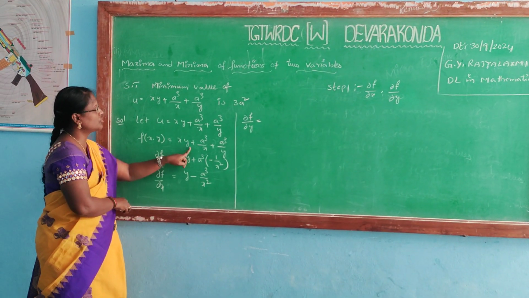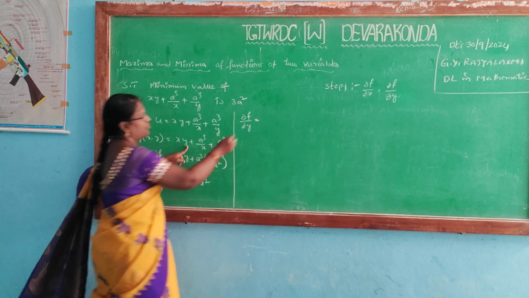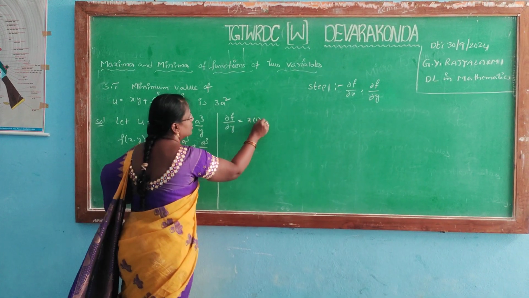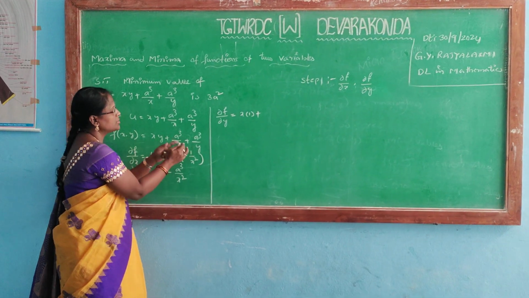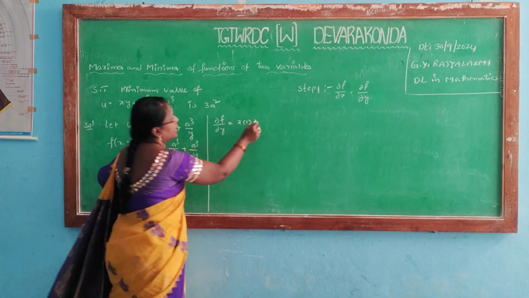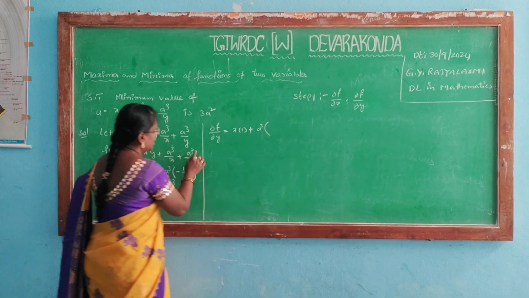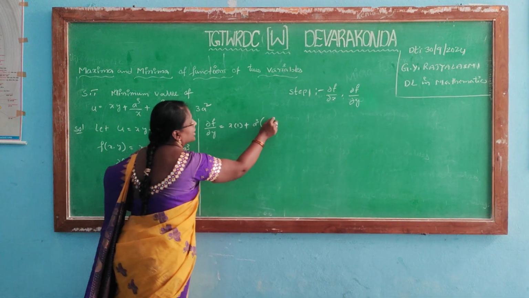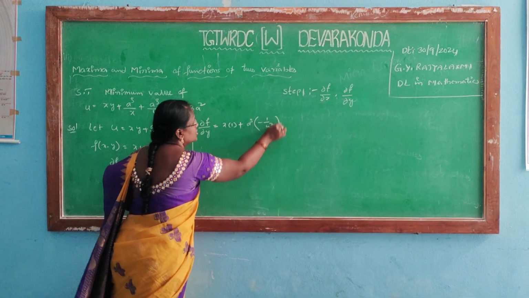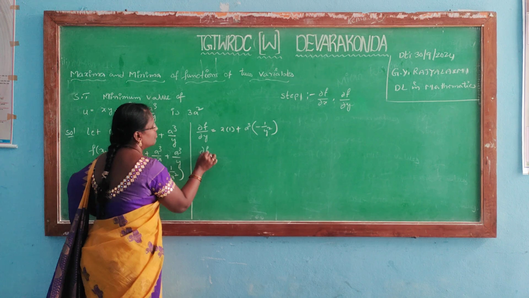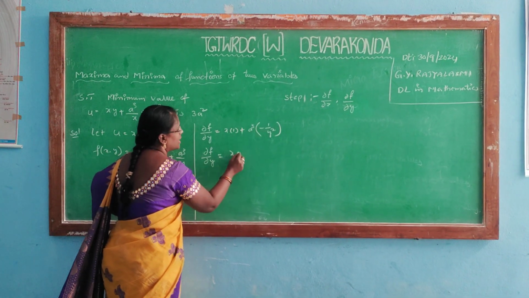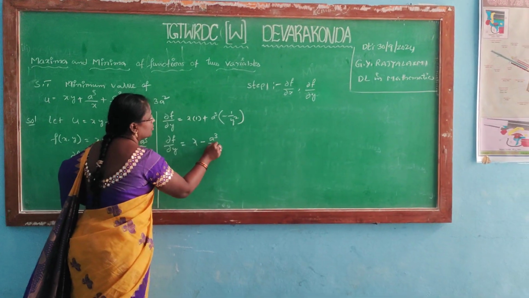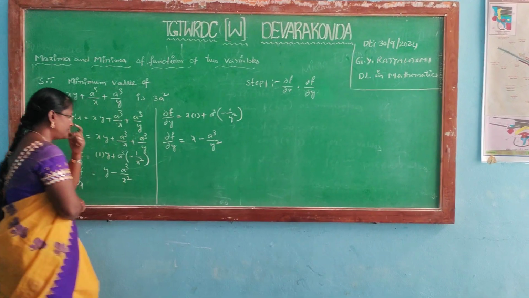Here y is 1, so x into 1, and the second term is 0, as there are no y terms. And the last term is a cube into the derivative of 1 by y, which is minus 1 by y square. So dou f by dou y equal to x minus a cube by y square.